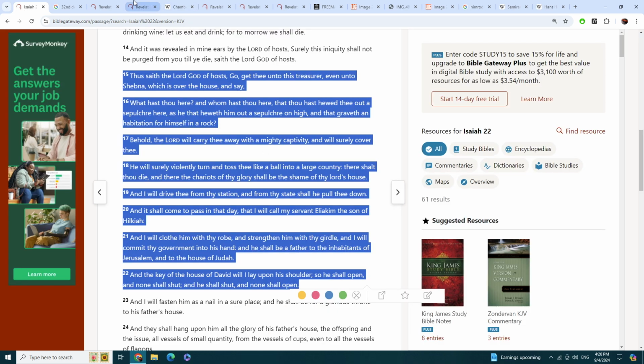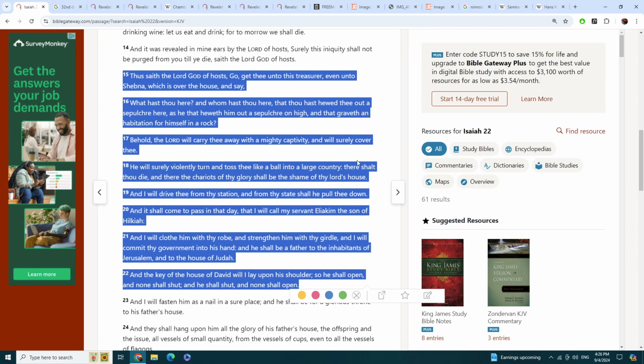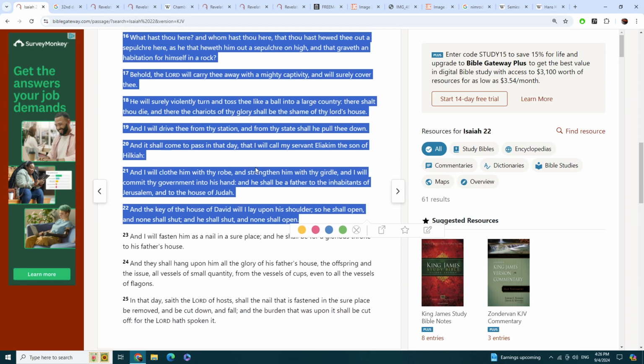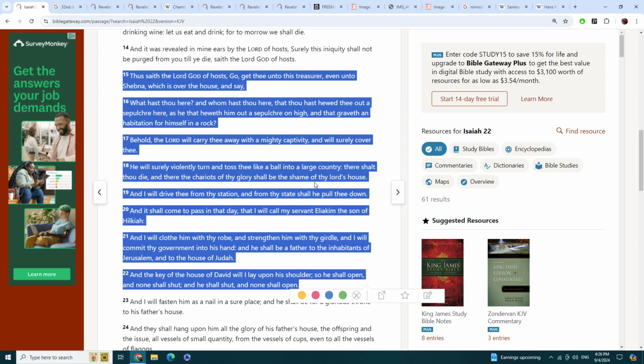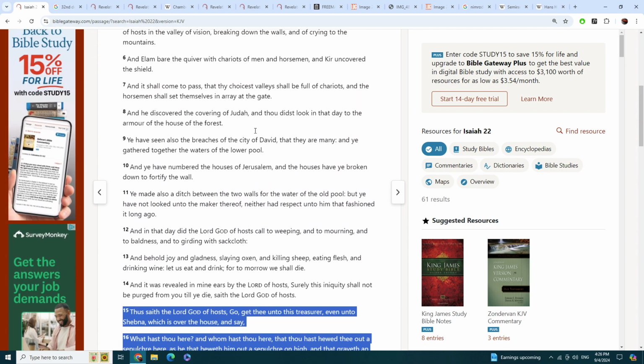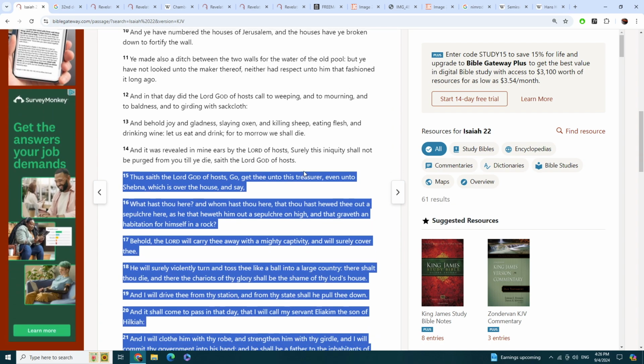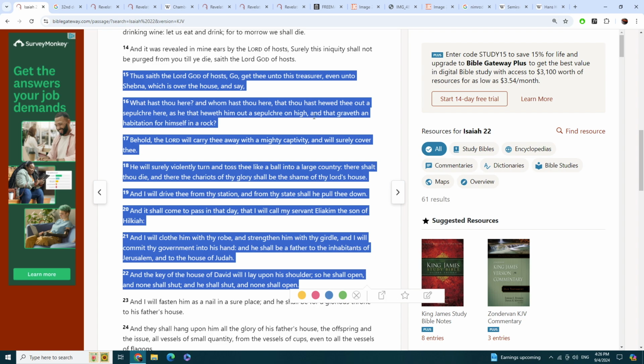So, what was Shebna? Now, if you look in many footnotes, it'll link this verse to Isaiah 22:22. What was Shebna doing here? Okay, the covering of Judah was discovered. Interesting. He discovered the covering of Judah. What was he doing?